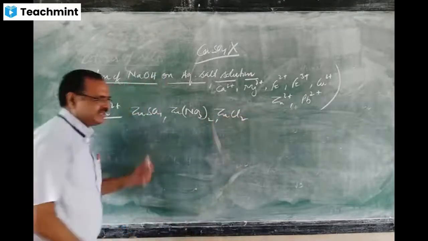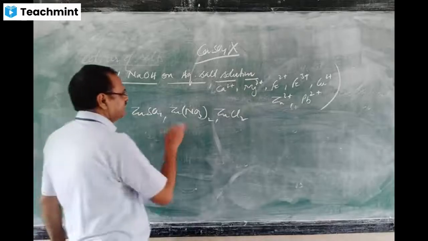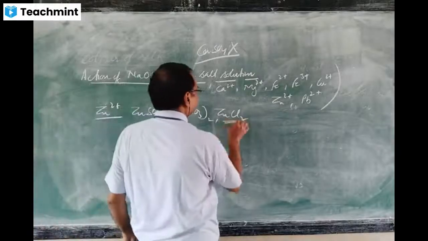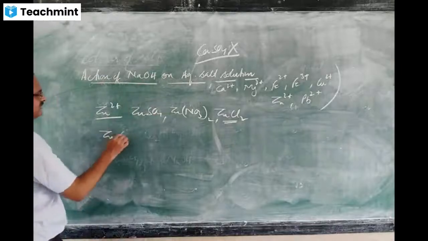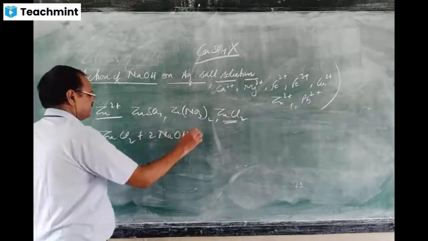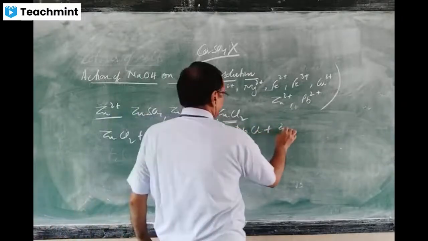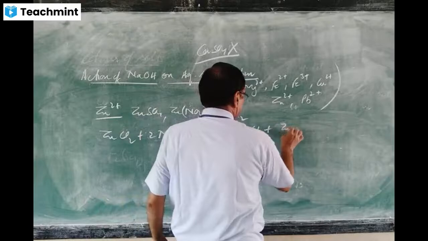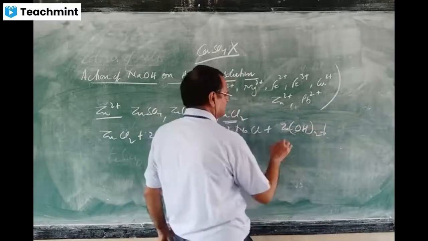Zinc sulfate, I think, is given in your book, and zinc nitrate you can do by yourself. Now zinc chloride, just see. This zinc chloride reacts with sodium hydroxide and forms 2NaCl and zinc hydroxide. This zinc hydroxide color is gelatinous white.